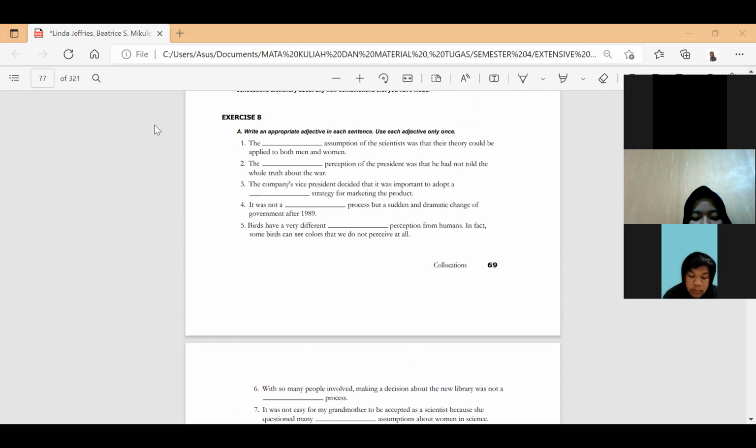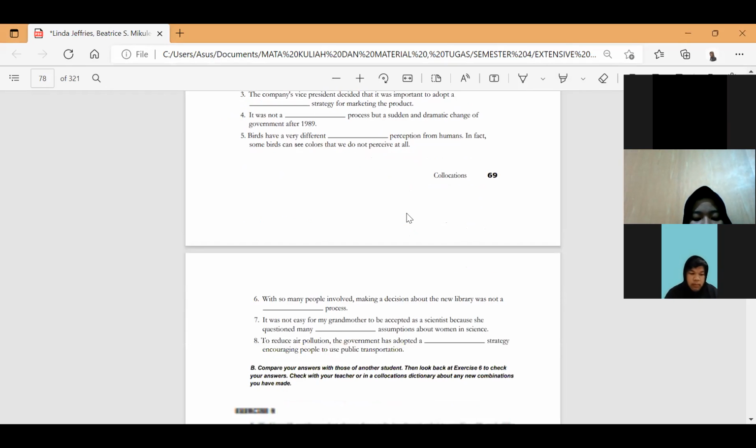All right, that's a good job, Fatra, because we just need to put the appropriate adjective before the assumption, perception, and then for the last until the eighth number. So thank you so much, Fatra.